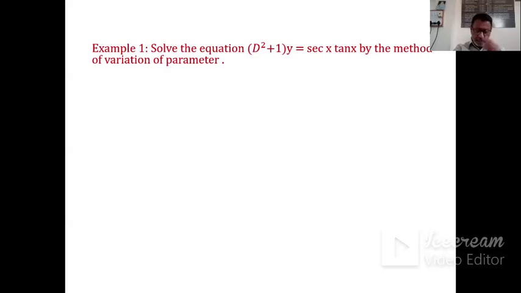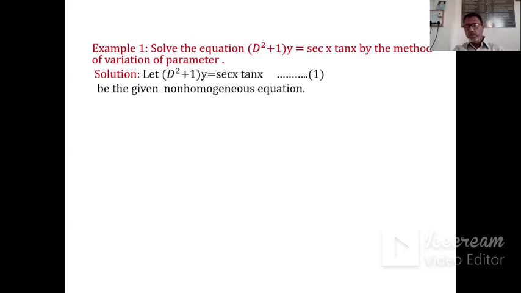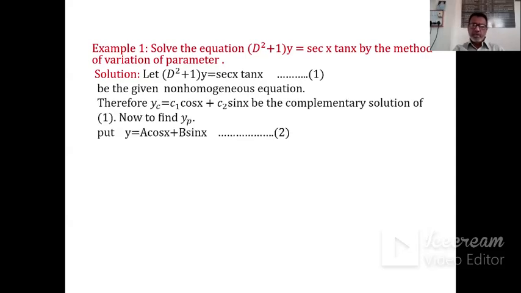Here we are able to find the two linearly independent solutions of the associated homogeneous differential equation. We know how to find it. We consider the auxiliary equation m square plus 1 is equal to 0. Its factors are m minus i, m plus i is equal to 0.